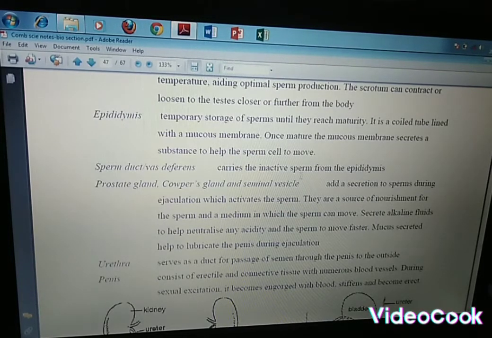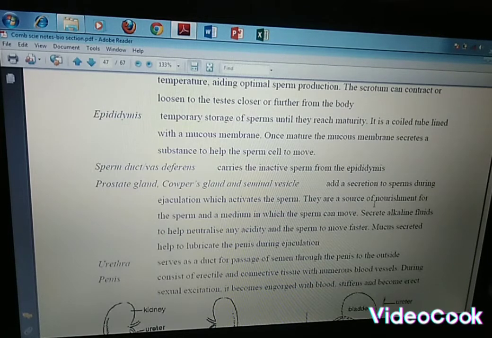So now they're in the vas deferens. They are being carried around. They are carried from the epididymis and they are going up all the way. We have what we call the prostate gland, the Cowper's gland, and the seminal vesicle. What do these guys do? They add a secretion to sperms during ejaculation, which activates the sperms.